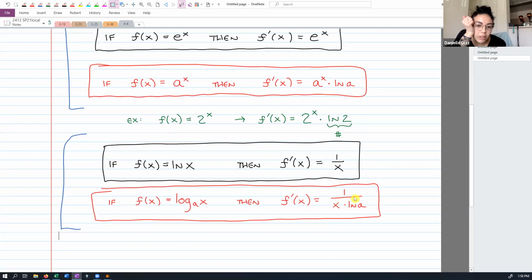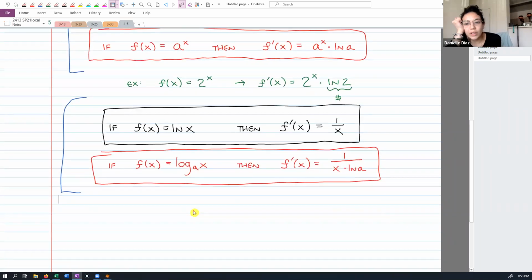The 1 over x times ln a, yeah. Not really. No, because these are completely different types of functions. What you're looking at is the power rule for antiderivatives, and that doesn't correlate here with the derivative of the log. It's just a random thought. They just look similar to me. Yeah, there's a little similarity there, but it's not related.